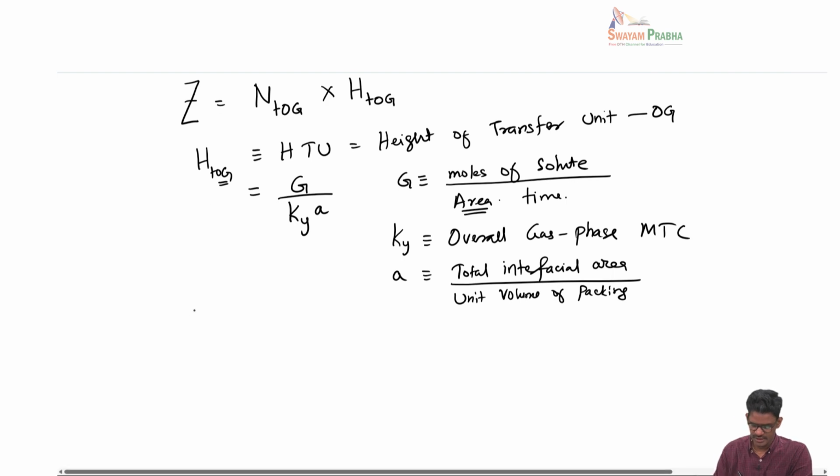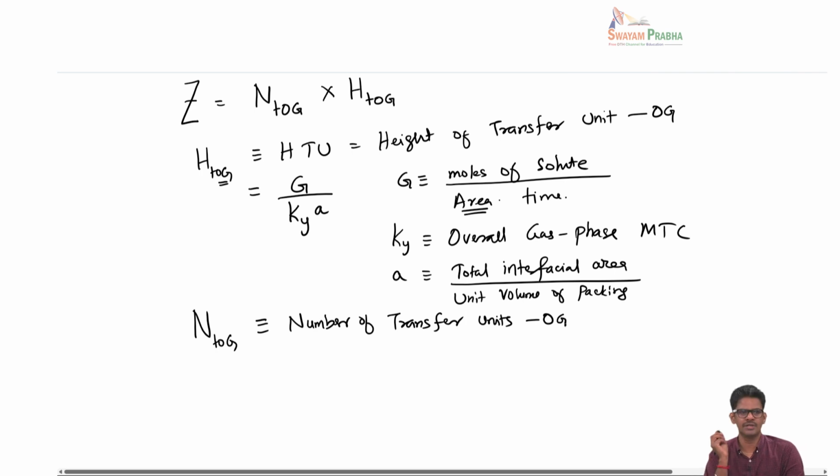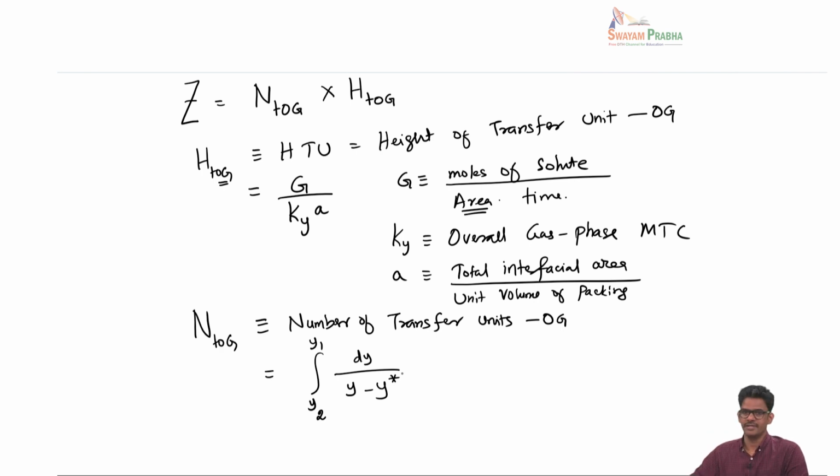Now the second component is NTOG. This is the number of transfer units with respect to, again, overall gas phase mass transfer, and this is defined as the integral from y2 to y1 of dy by y minus y star.